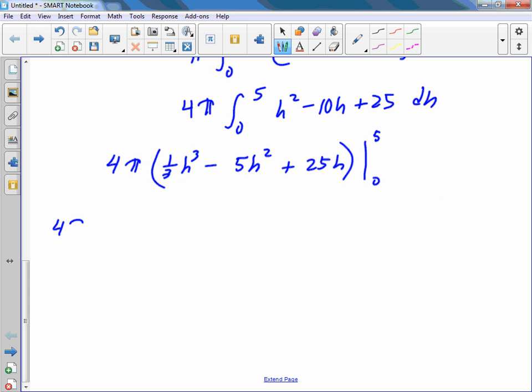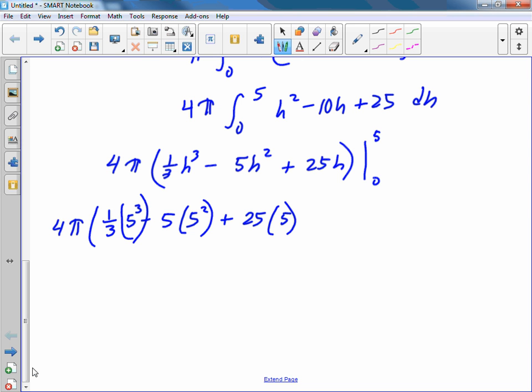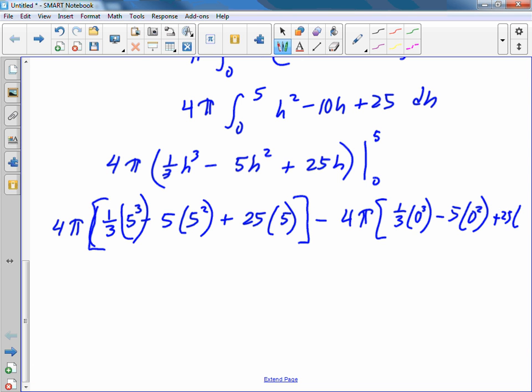So that gives us 4 pi times 1/3 times 5 cubed minus 5 times 5 squared plus 25 times 5. I know you guys make fun of me, but minus 4 pi times 1/3 times 0 cubed minus 5 times 0 squared plus 25 times 0.